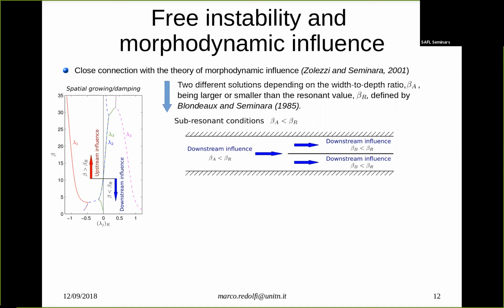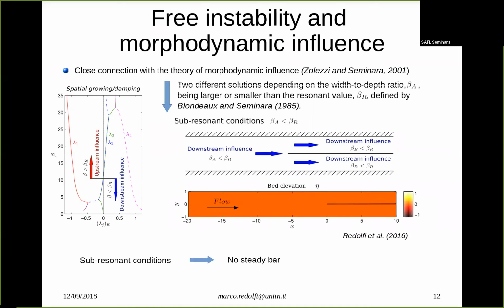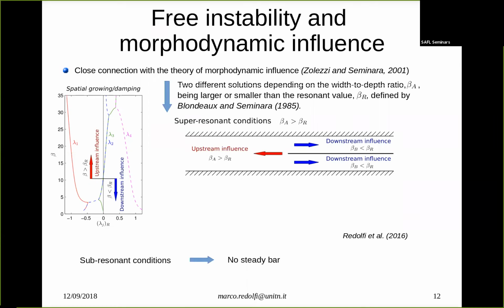And since in the upstream channel you have uniform flow and symmetric boundary conditions, the system keeps symmetric, and the analytical solution is simply a flat bed solution, because it's the uniform flow that comes from upstream to downstream. On the other side, in super-resonant condition, the main channel is able to propagate the information upstream.